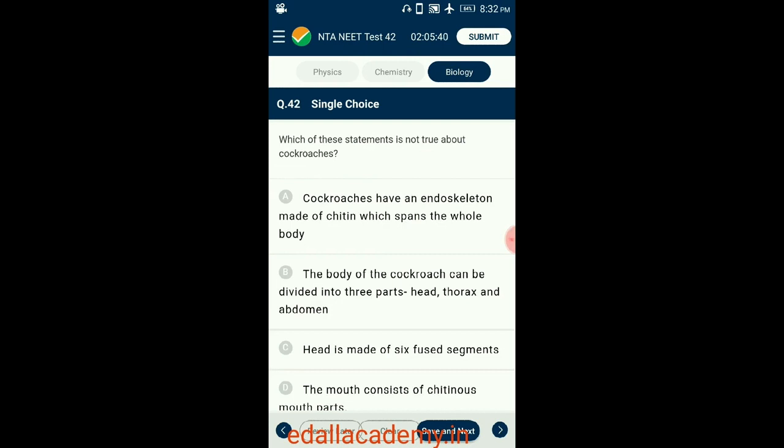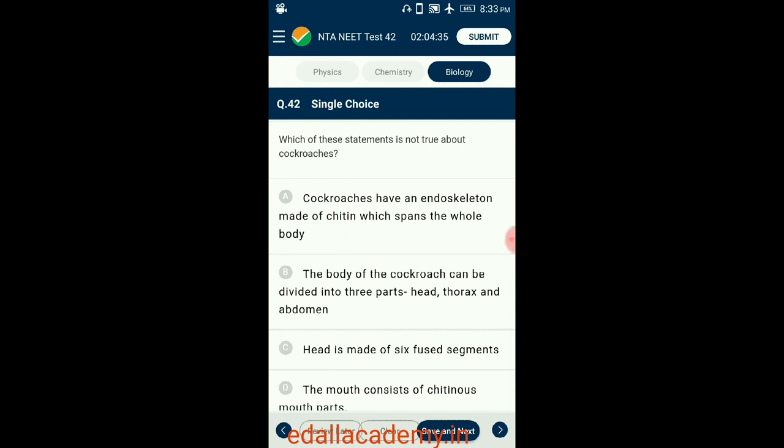Question number 42. Which of these statements is not true about cockroaches? Cockroaches are included in the class Insecta under the phylum Arthropoda. Cockroaches are invertebrates which lack an endoskeleton. Rather, they have an exoskeleton made of chitin covering the entire body.